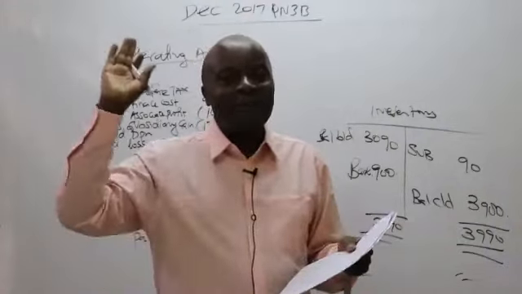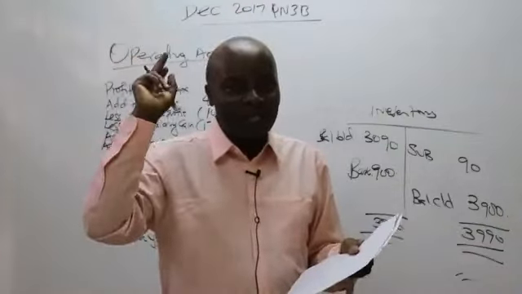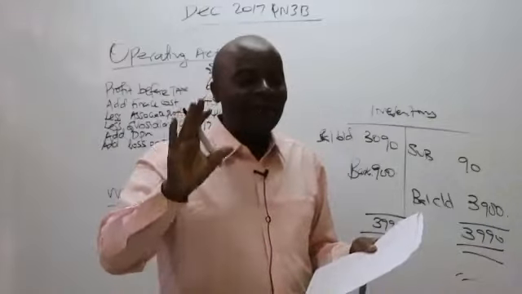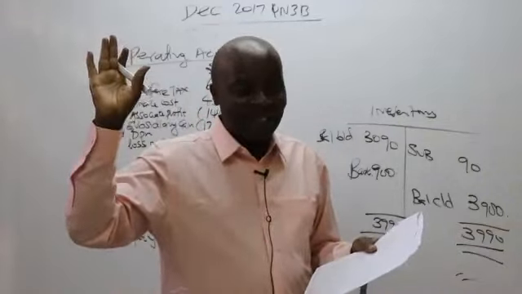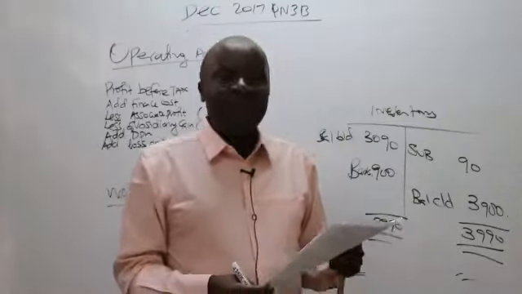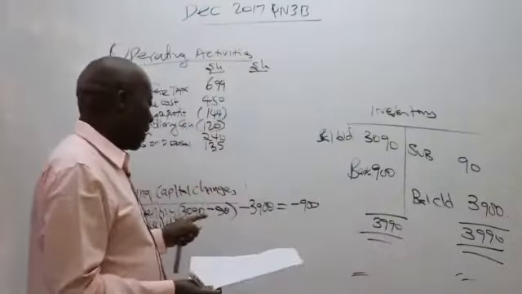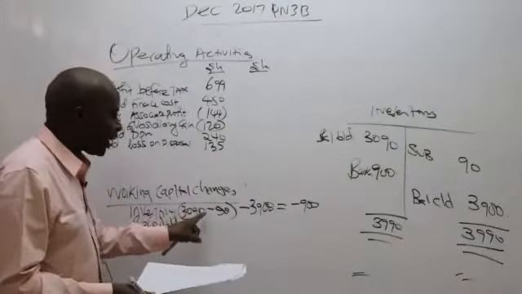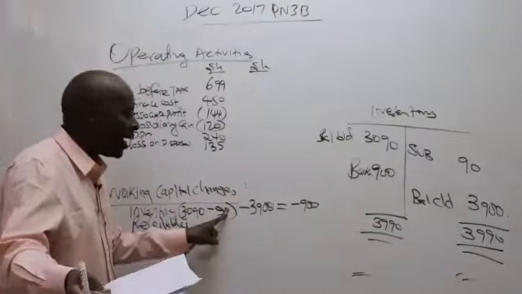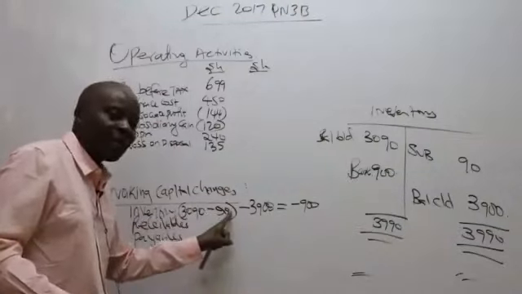Is there a student who can remember that kind of question, where they gave us a situation where one subsidiary was acquired in the year and another was sold in the year? So you know, if you are told a subsidiary was disposed in the year, I will put minus 90 here. And if there is another subsidiary that was acquired in the year, perhaps I will put plus 80.